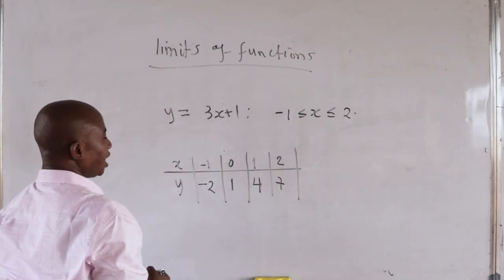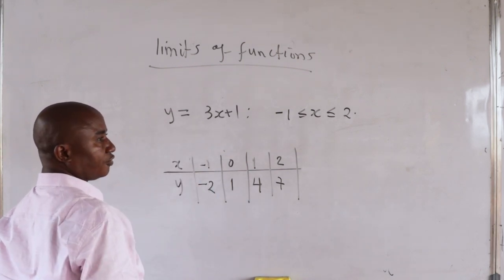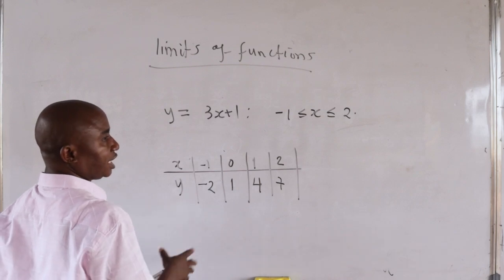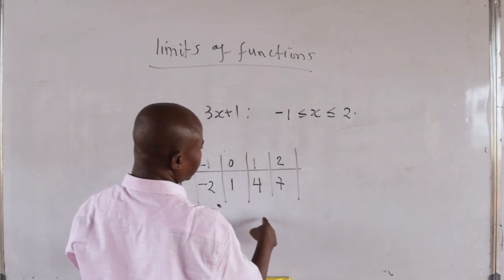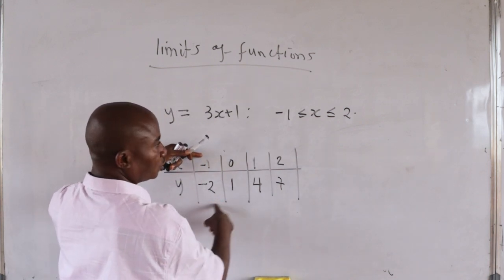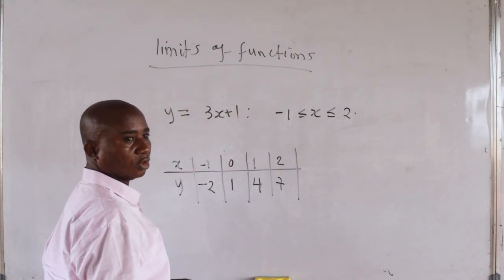So we'll be able to find the values of y corresponding to the given values of x. After this table of values, the next thing to do is to choose an appropriate scale, and then using this scale, when x is minus 1, y is minus 2, and then we plot. So at the end of the day, we have such a graph.